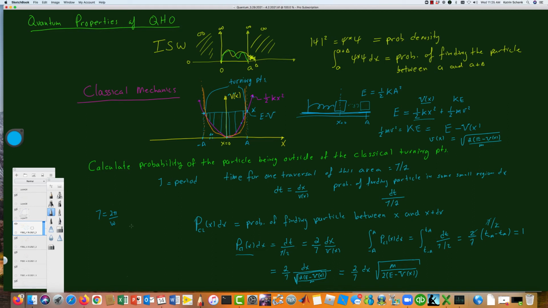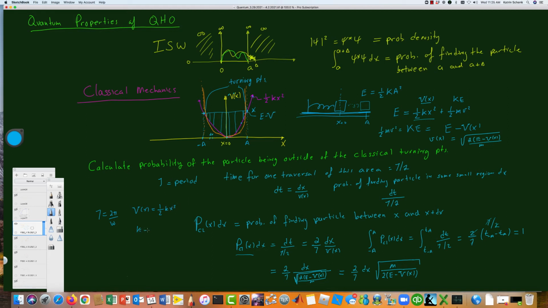Okay, and remember that in the quantum harmonic oscillator, V of x is 1/2 k x squared, and omega is the square root of k over m. So we can write omega squared is k over m, and k is m omega squared.